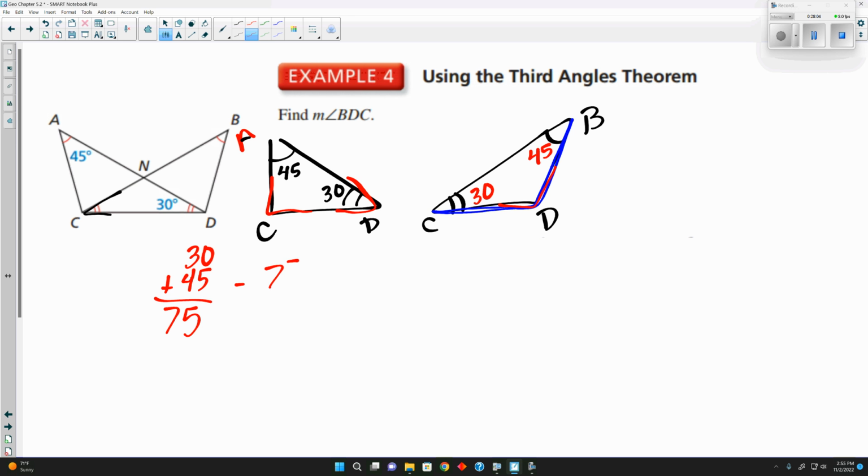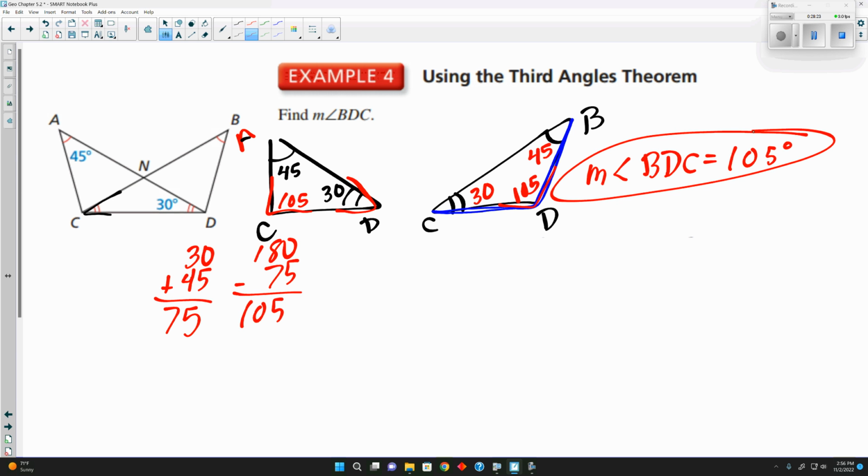And if we subtract 75 from 180, we get 105. So this angle over here is 105, which means the angle we wanted to find is too. On some of these, it's easier if we pull the two triangles apart from each other and look at them that way. It makes the problem easier to work.